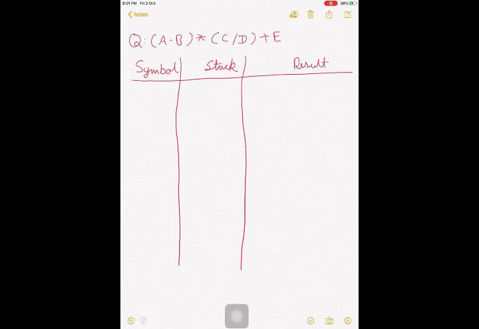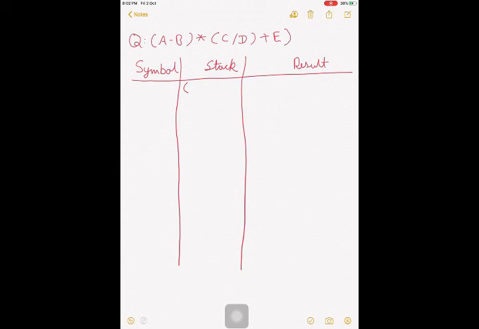The first step is to push an opening bracket onto the stack. That we have done, and you can see the expression given, that is Q, and what we are doing is adding a closing bracket at the end of this expression, after e.